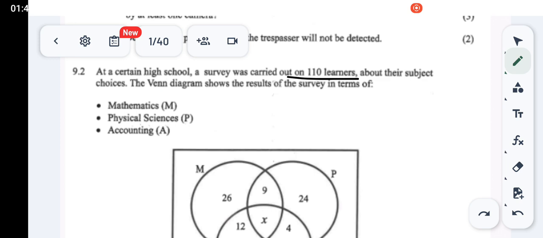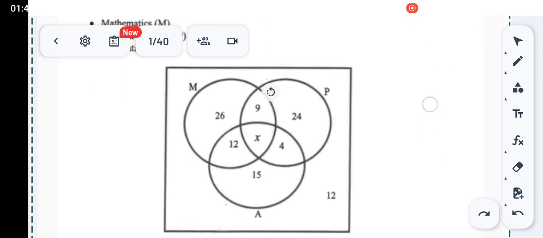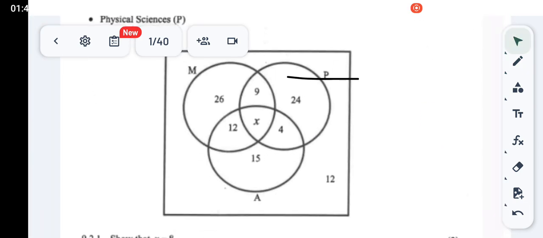About their subject choices, the Venn diagram was the result of the survey in terms of mathematics, physical sciences, and accounting. These are only serious subjects. Okay, I'm kidding. But yes, the Venn diagram shows the result of the survey in terms of mathematics, physical sciences, accounting.